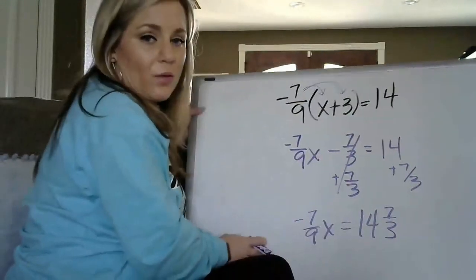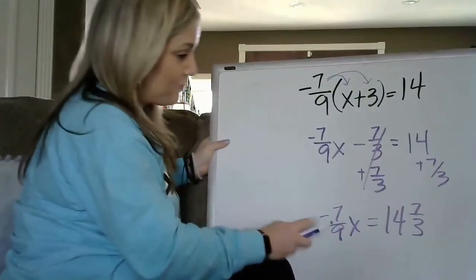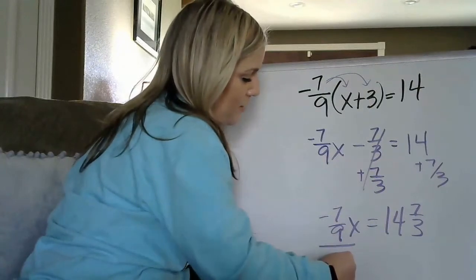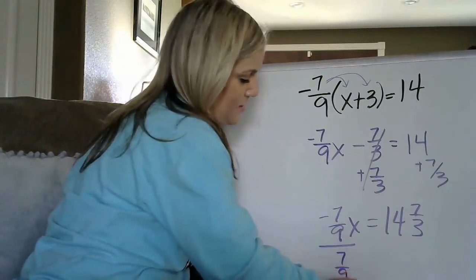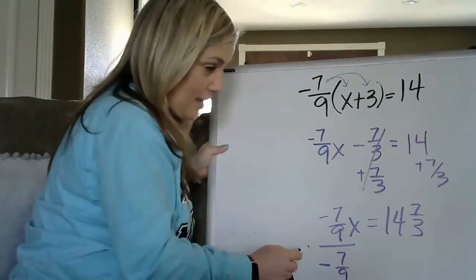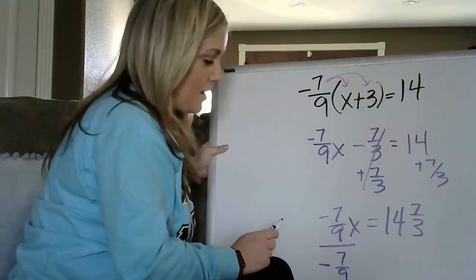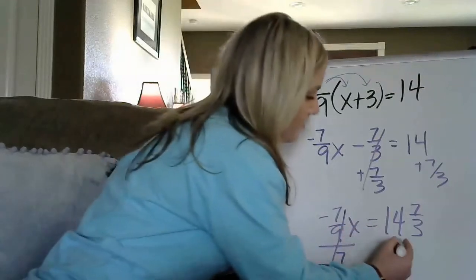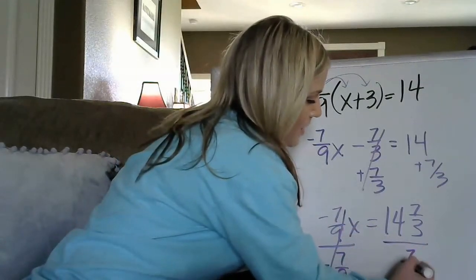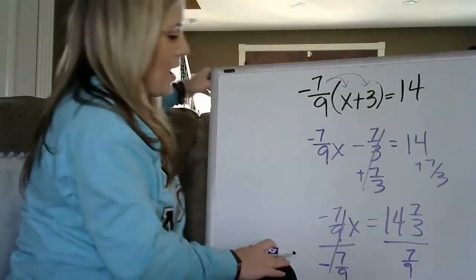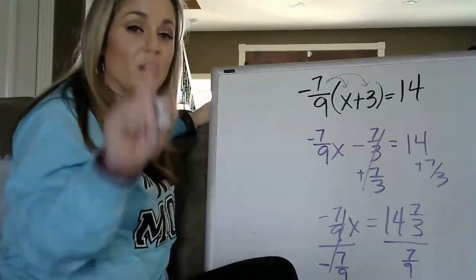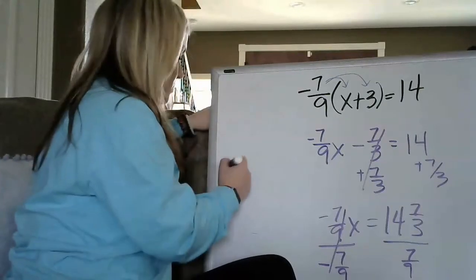So I want to get rid of this 7/9, and the way to get rid of it is to divide by 7/9. Negative 7/9 divided by negative 7/9 is 1. So I'm going to come over here and divide by 7/9. Dividing fractions, don't ask why, flip the second number and multiply.